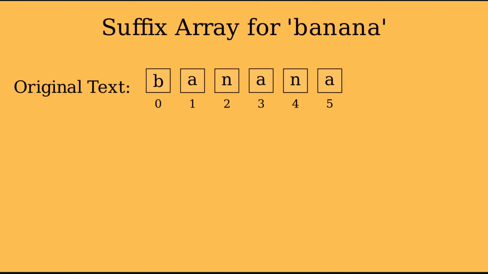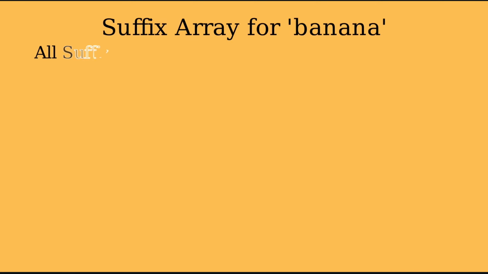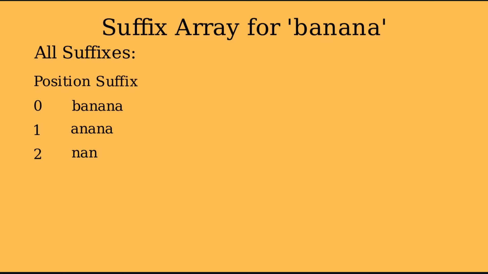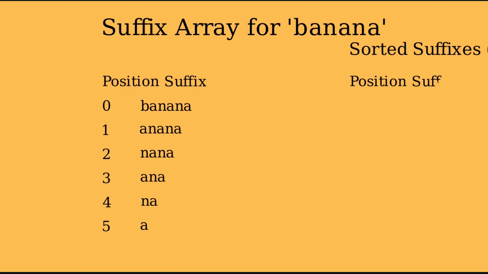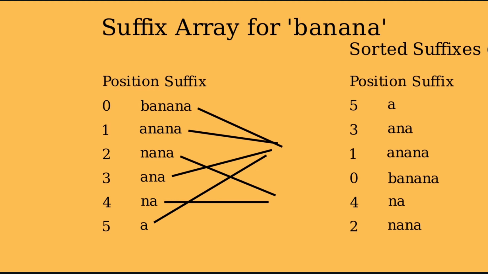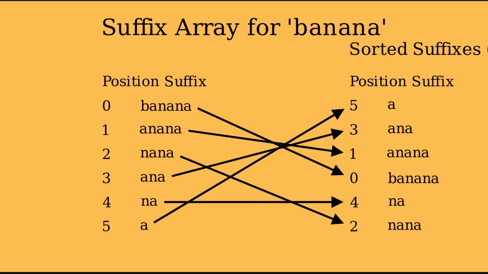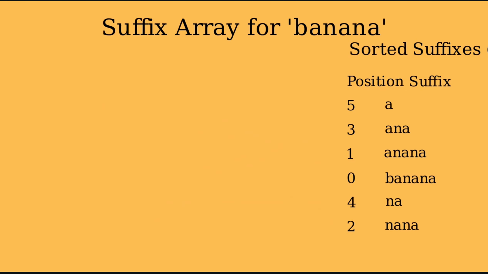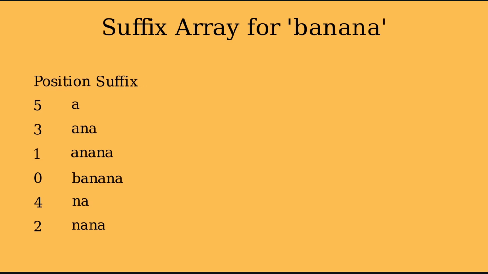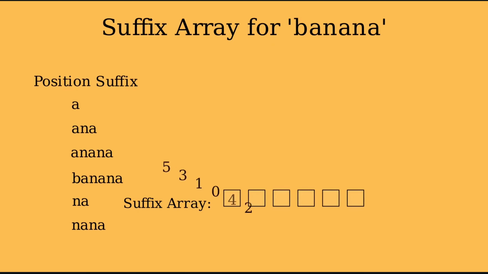The suffixes are banana, anana, nana, and so on. You get the point. A suffix array stores the starting positions of these suffixes after they are sorted alphabetically. Thus, the suffix array of this word would be 531042. We will see how this is used in a moment later in the video.